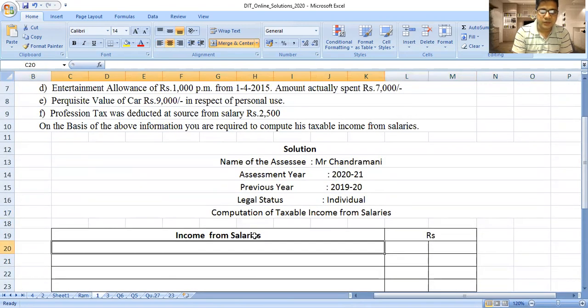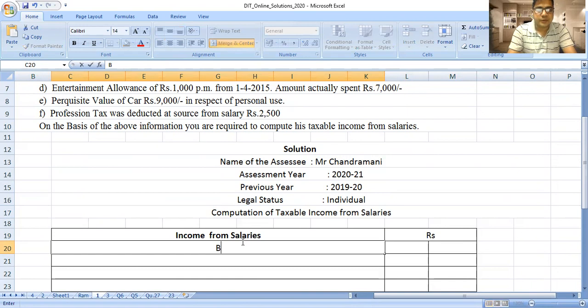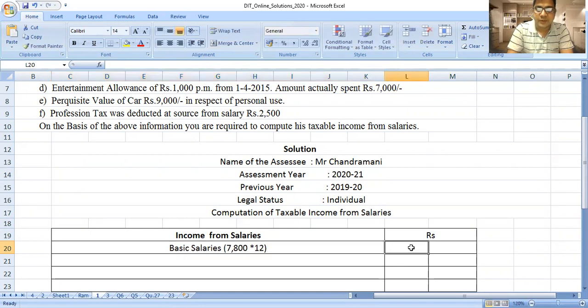So under the head income from salary, we will write basic salaries, 7,800 per month, they have provided, into 12 months. We have to find out the previous year's 12 months salary. So use your calculator and brain and find out the value of the total basic salary of the previous year.